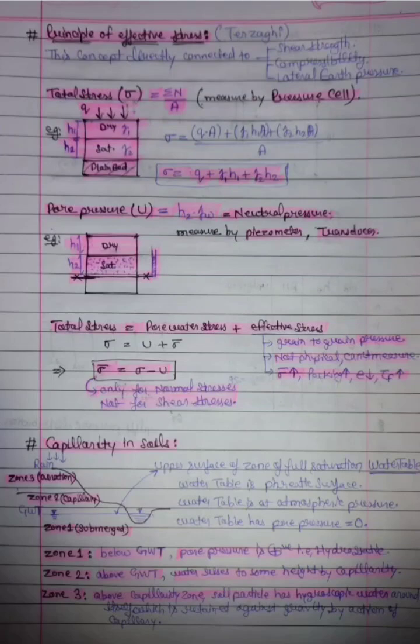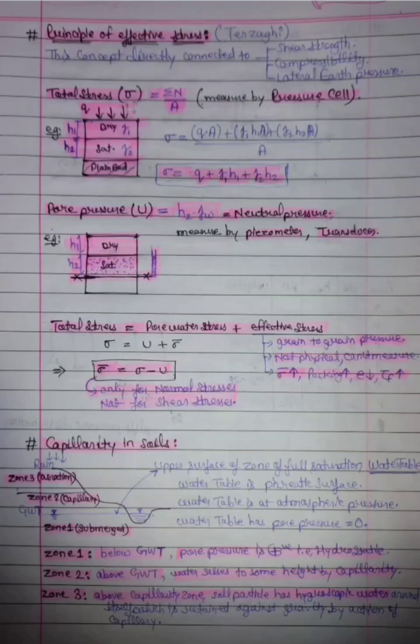Now if we come below it, there is the first layer of dry soil. In this layer the unit weight is gamma 1, the depth is h1, and the area perpendicular to the applied force is A. So the product of this will be gamma 1 into h1 into A. This will be the force due to this soil layer.